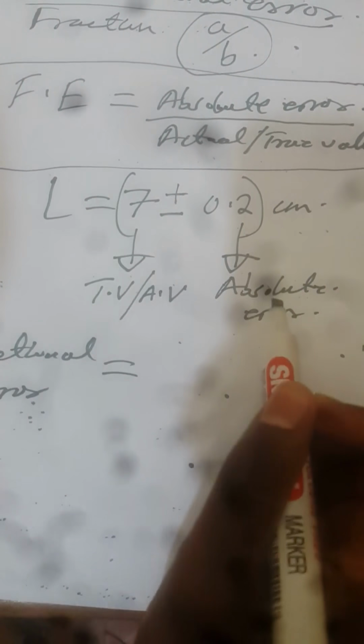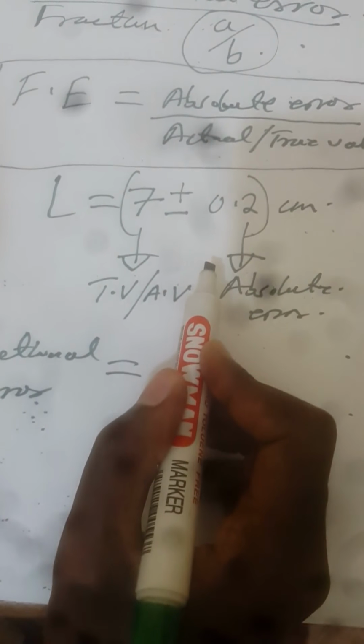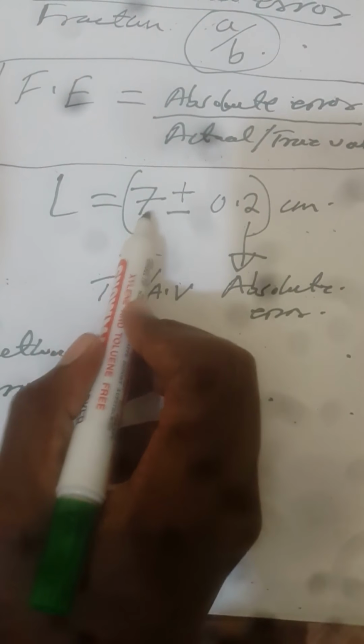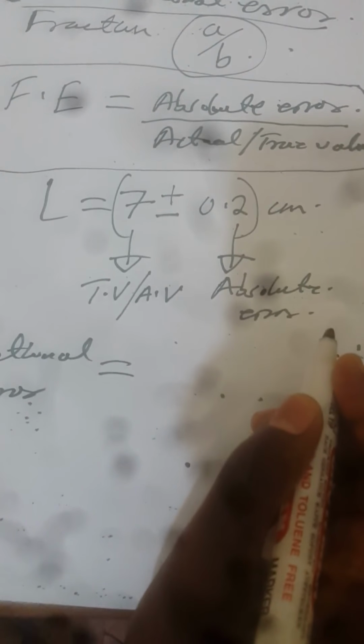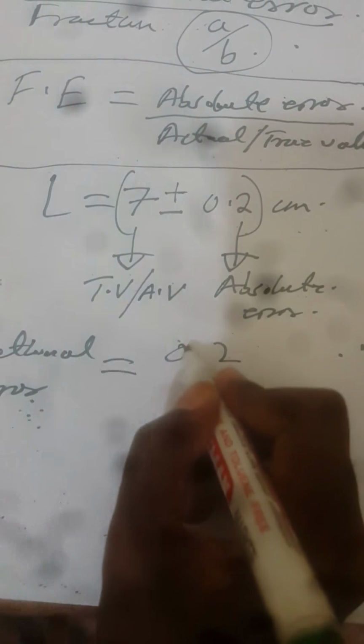In this example, which is the length of our stick, which is written together with its absolute error, which is 7 plus or minus 0.2 centimeter, to find the fractional error, I said you take absolute error divided by actual or true value. So it will be 0.2 divided by 7.